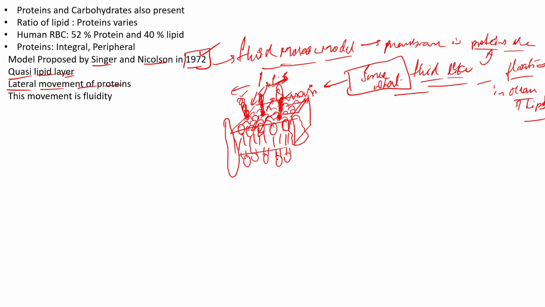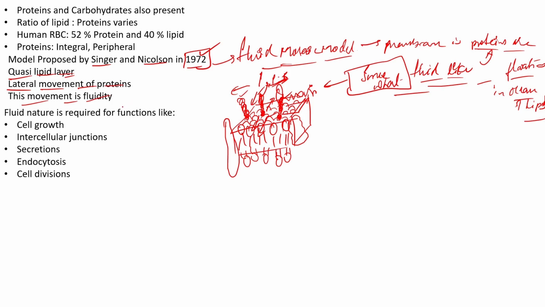Remember that the lateral movement of the proteins is mainly due to the quasi-fluid-like nature of the plasma membrane. This movement we refer to as fluidity. So we have made the concepts clear over here.